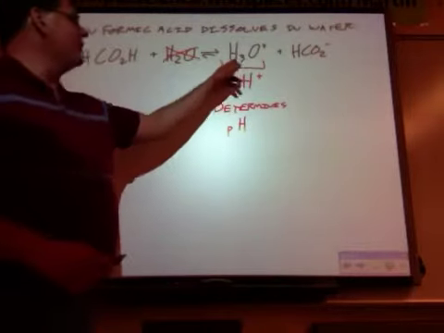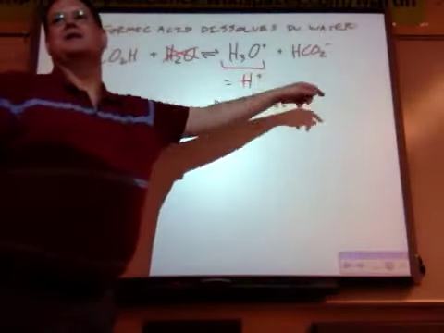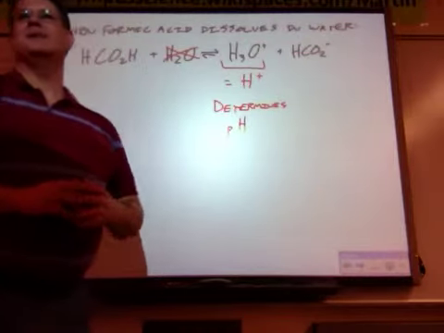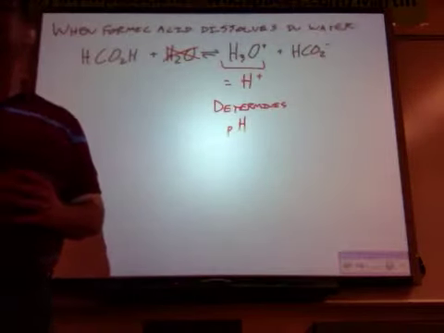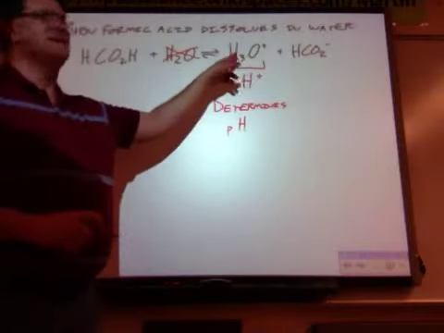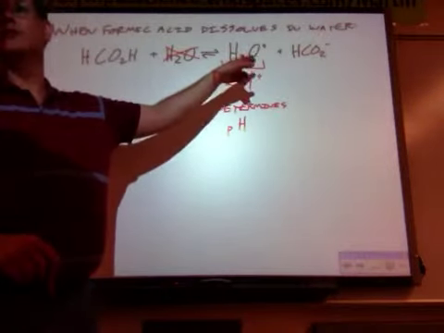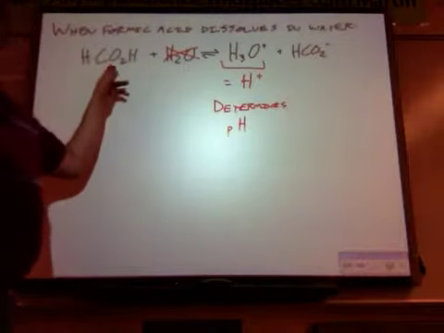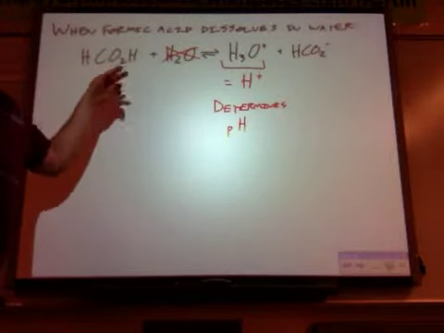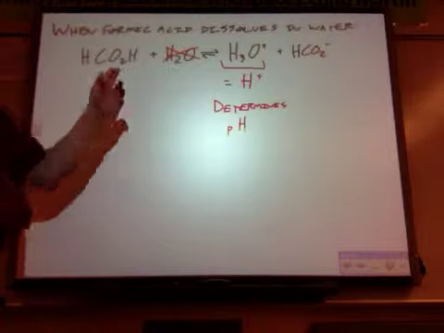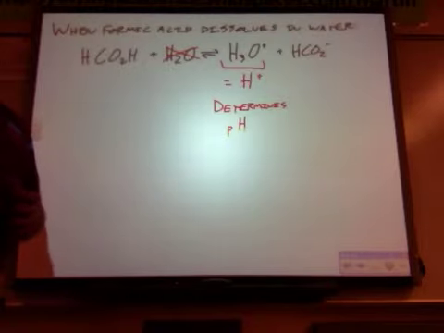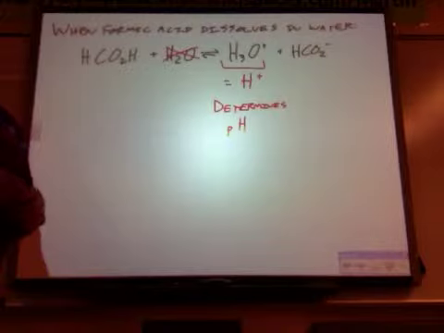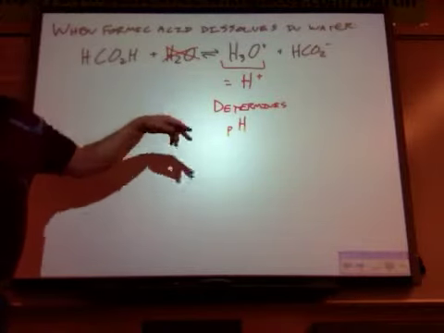Now, if we know what that is, we're going to know what that is by stoichiometry. It may not be something specifically that is of interest to us, but knowing that it's the same as this is probably going to prove useful. And then this, we're going to need to know how much we started with. Because by knowing how much we started with, if we happen to know what the Ka value is, and in most cases we can just look that up, we can determine the extent of dissociation from that.